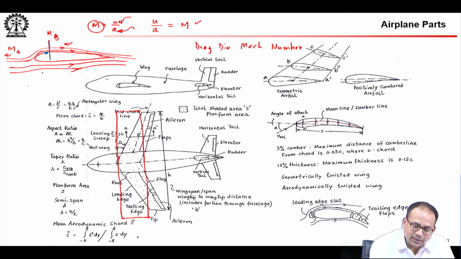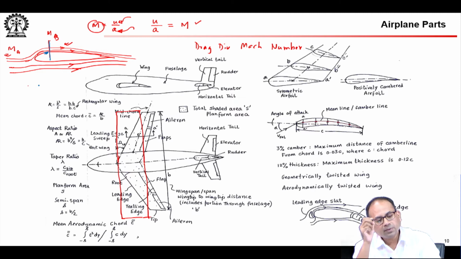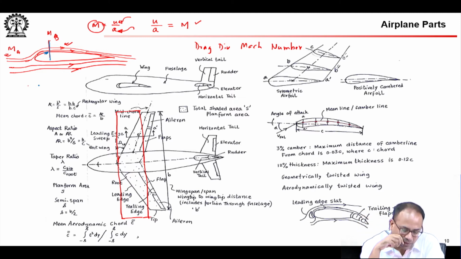So, if you again think in terms of Bernoulli's theorem, which we will prove in our subsequent lectures, if you assume your Bernoulli's theorem to hold, then if your flow has reached the peak velocity here, then your static pressure has reached the lowest point here, because P plus half rho u square is equal to constant.